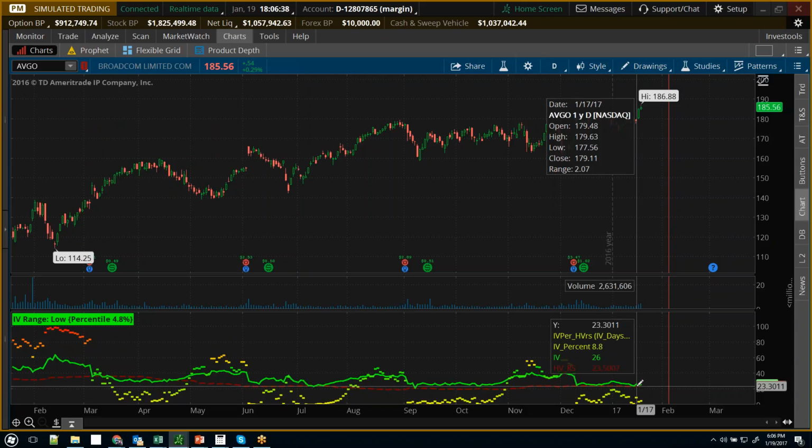I know that it is unlikely that Avago's implied volatility is going to go down anymore. Now, it doesn't guarantee it's going to go up, but I know it's unlikely that it's going to go down anymore at all, or if it does go down a bit more, very, very little amounts.